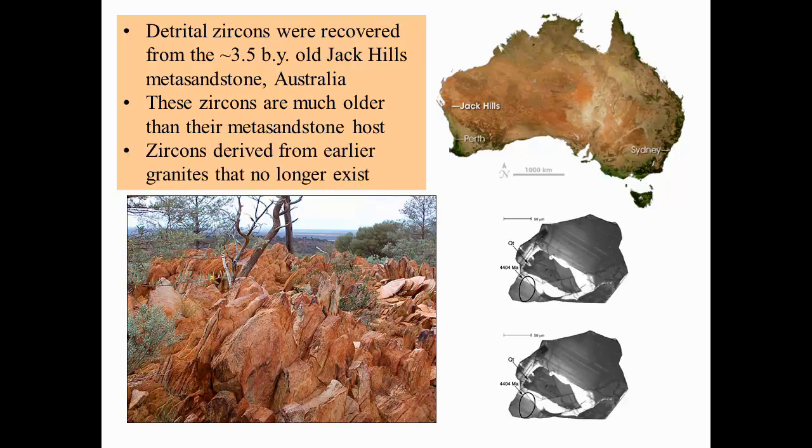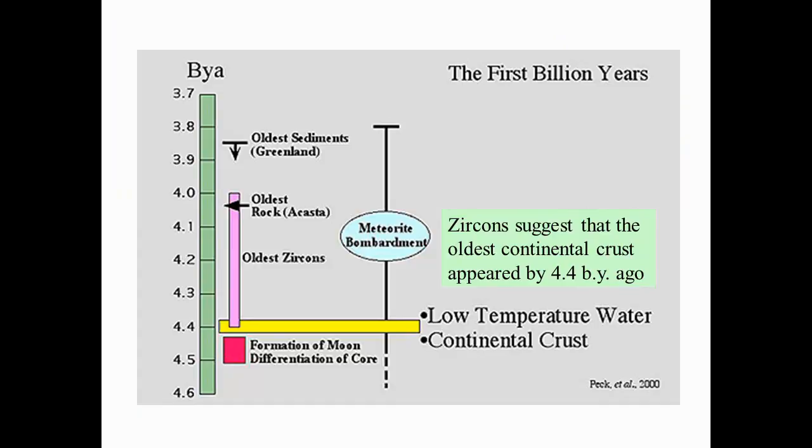So the interpretation is that the zircons may have originated from earlier granites that no longer exist and subsequently were incorporated within these meta-sandstones. The ages of these zircons range anywhere from about 4 billion years all the way back to 4.4 billion years ago.